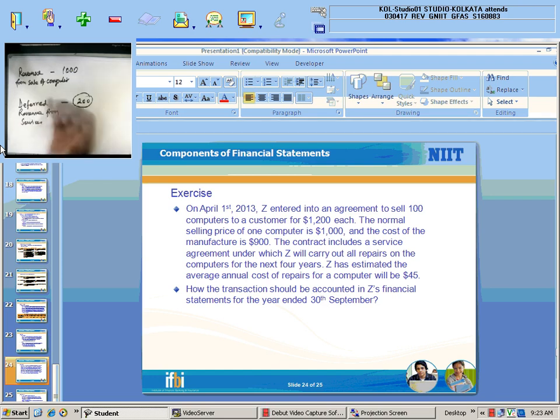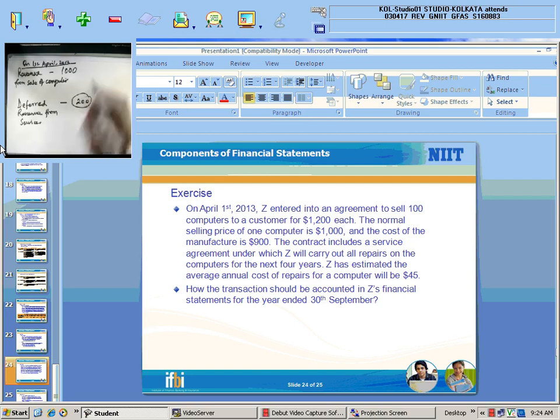So revenue from sale of computer is 1,000 and deferred revenue from services is 200. Because on 1st April 2013, the day the contract was entered, this is the accounting entry: revenue from sale of computer 1,000 and deferred revenue 200.